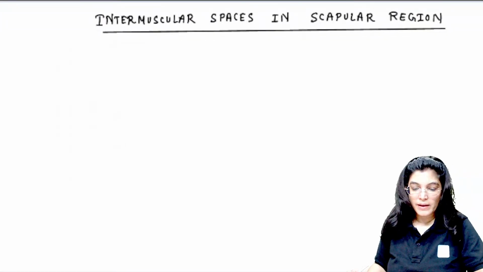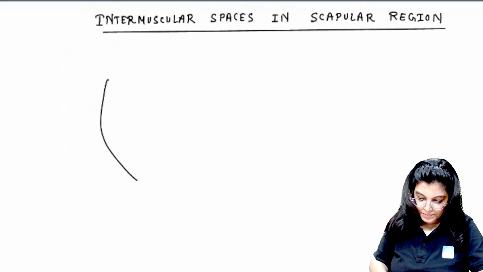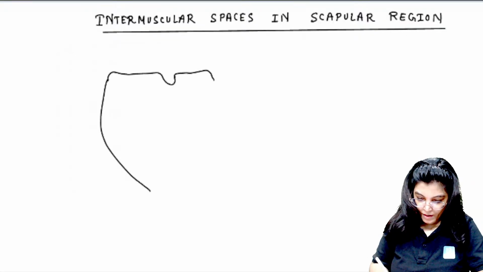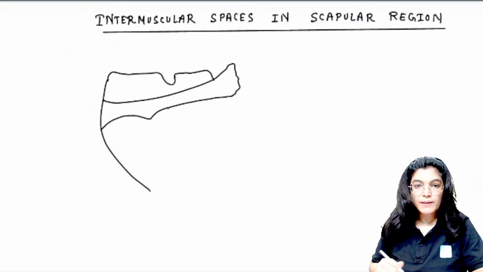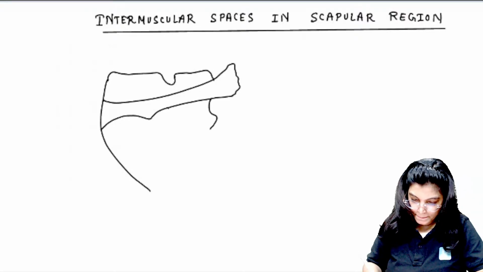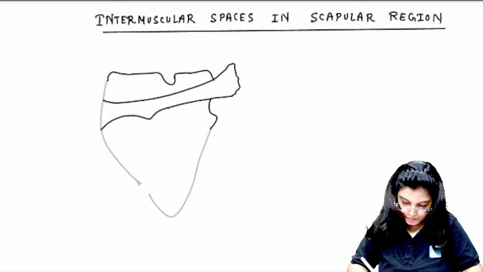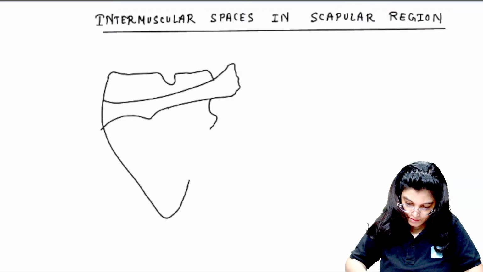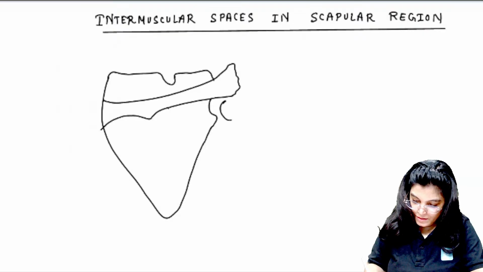Got it? Okay. Now just to make it, I will make an outline here of scapula. This will be the acromial process. Got it? Then here we will make the head of humerus.